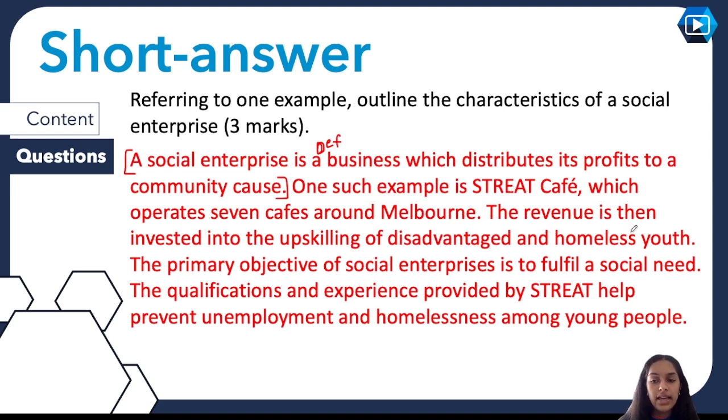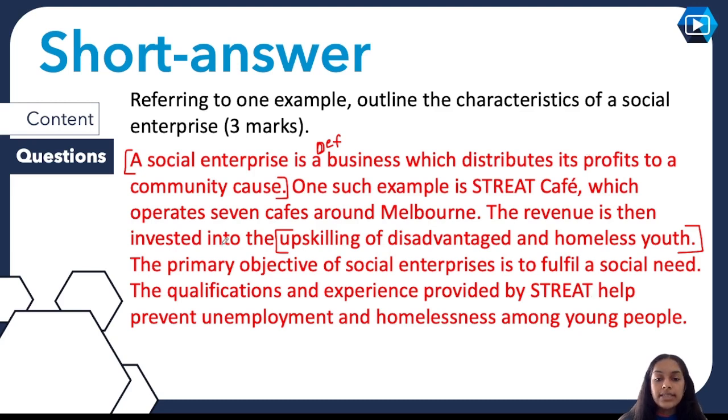They've done that in this sentence, highlighting that the revenue is invested into the upskilling of disadvantaged and homeless youth, making it clear that it's reinvested into the community. The community cause specifically is focusing on increasing the skill level of disadvantaged and homeless youth.